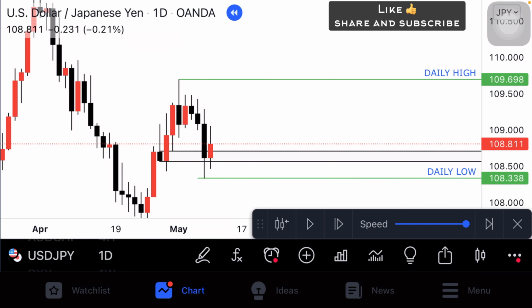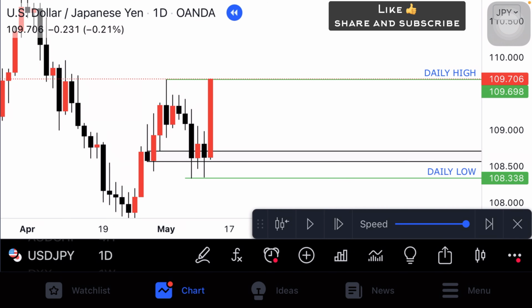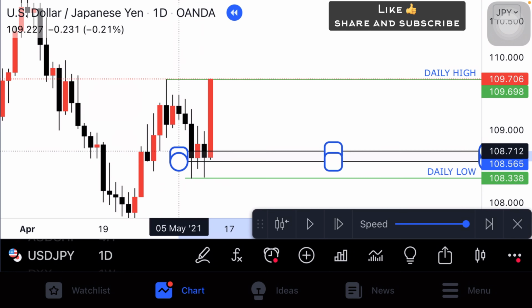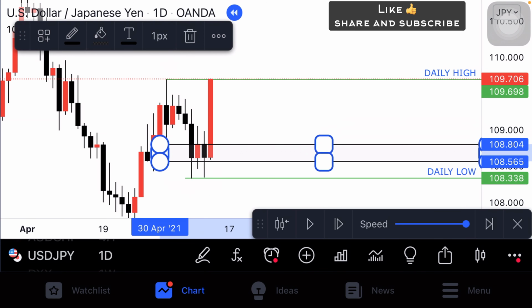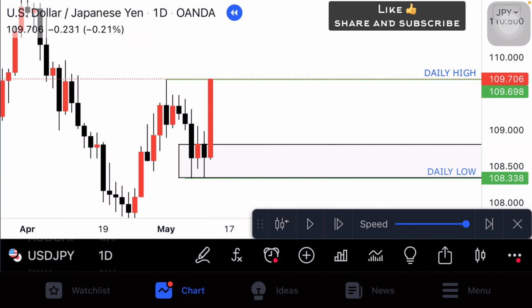Right, gives us a lower low, so we adjust our daily low, and now we're gonna look for a new order block. All right, new order block identified, which is gonna be this. Our high is still being maintained, so we don't have to change our high.